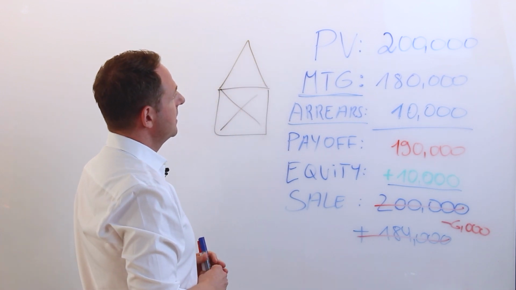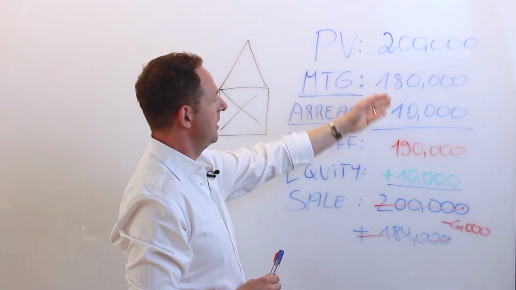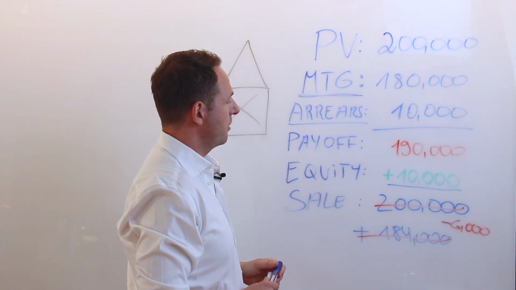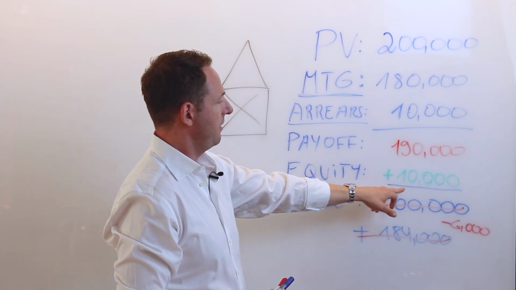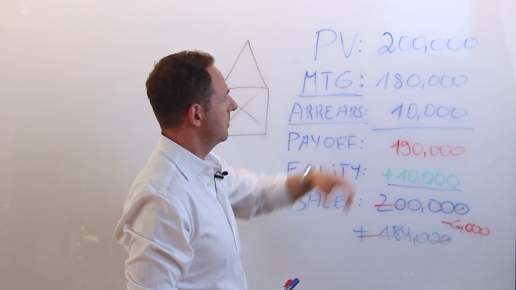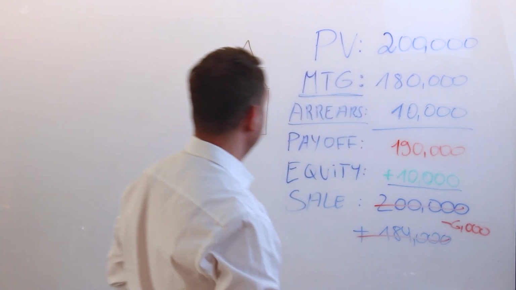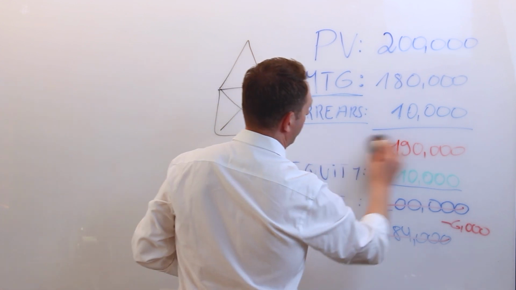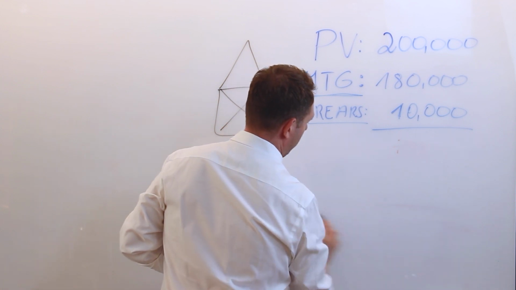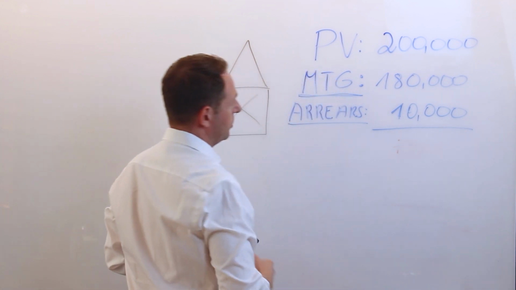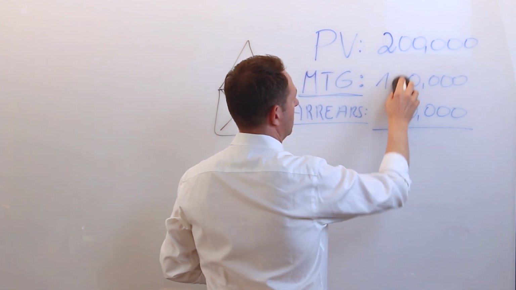So this is an example for a homeowner that has little to no equity in their property. They have 5% equity in their property, $10,000 out of the $200,000. But of course, there is also a different example where this homeowner, in example number 2, they don't owe $180,000.